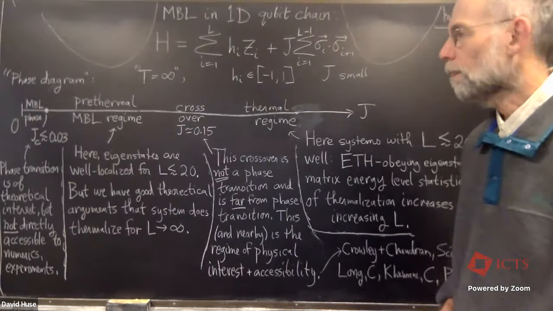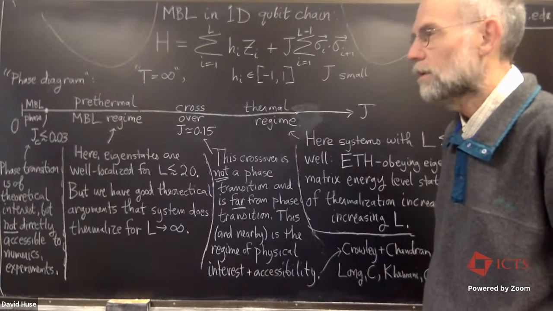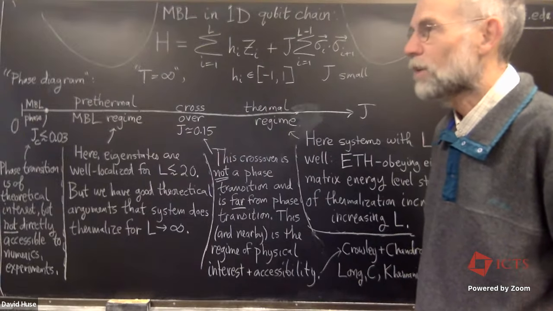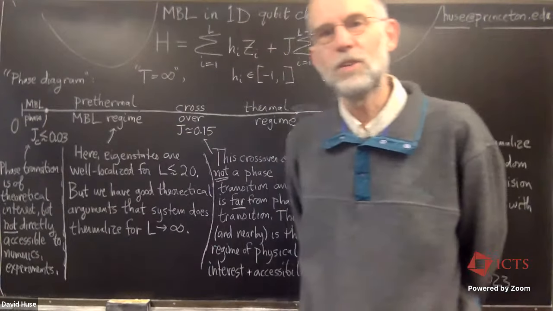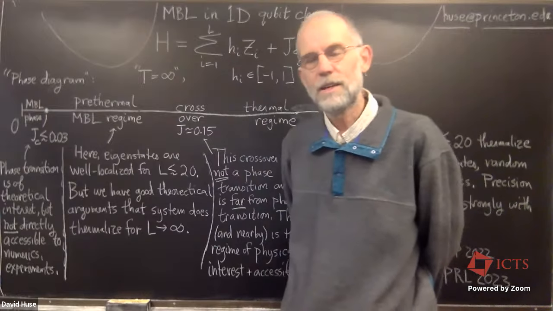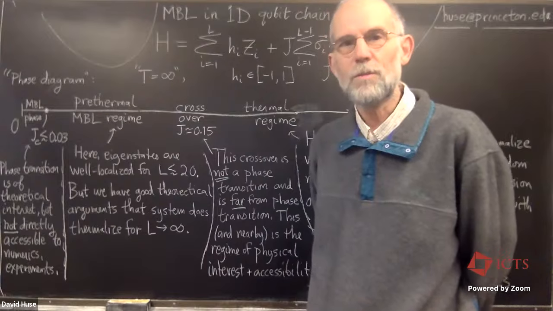Okay, so like in glasses, if you look at temporal correlations, they show some transition, right? They show a very strong crossover. I think it's the same situation with structural glasses, that there may not be a real sharp transition there.